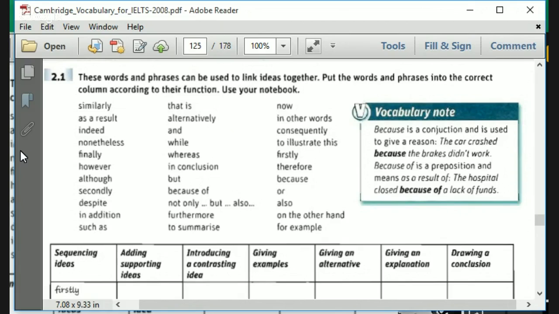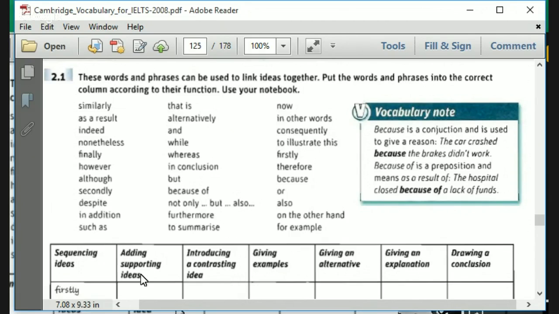We're going to go through this more or less quickly, unless there's some confusion, then we can talk about it more. But you see down below here the purposes of these phrases or words. We're going to try to categorize them, like sequencing ideas, adding supporting ideas, contrasting ideas, giving an example, giving an alternative, giving an explanation, or drawing a conclusion.